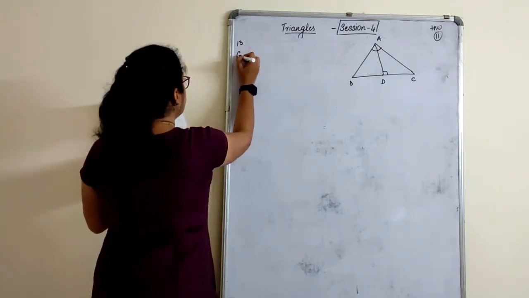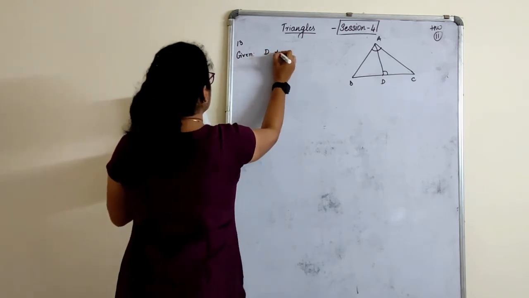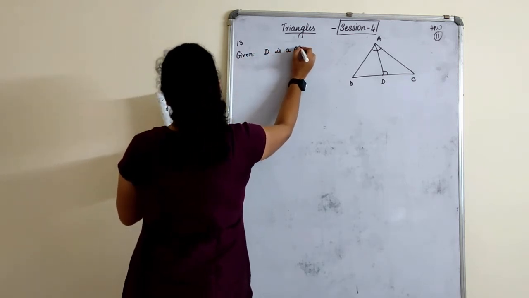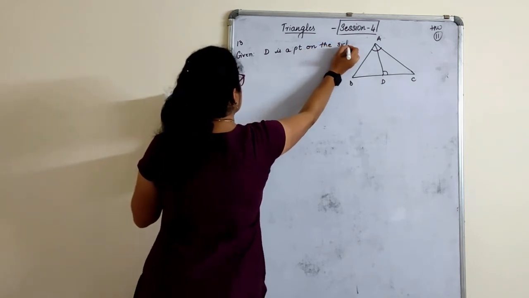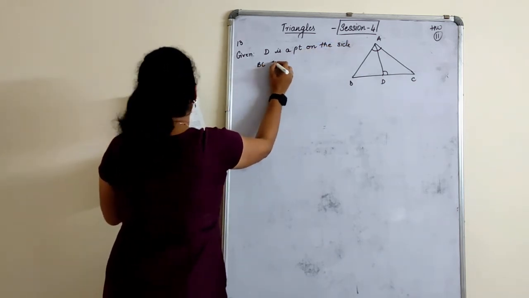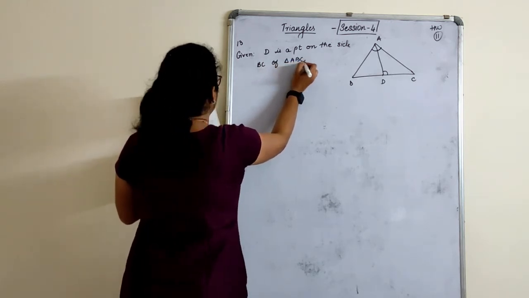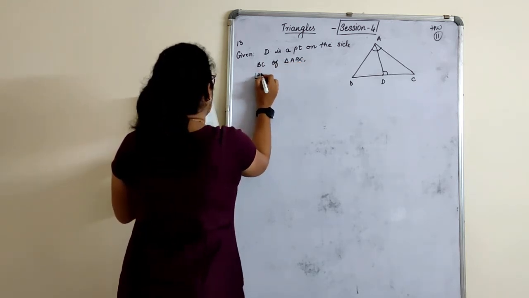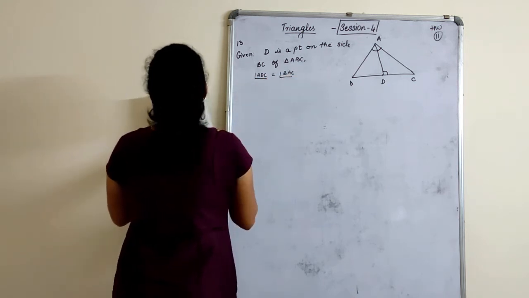So given, write the same thing. D is a point on the side BC of triangle ABC. Angle ADC is equal to angle BAC.